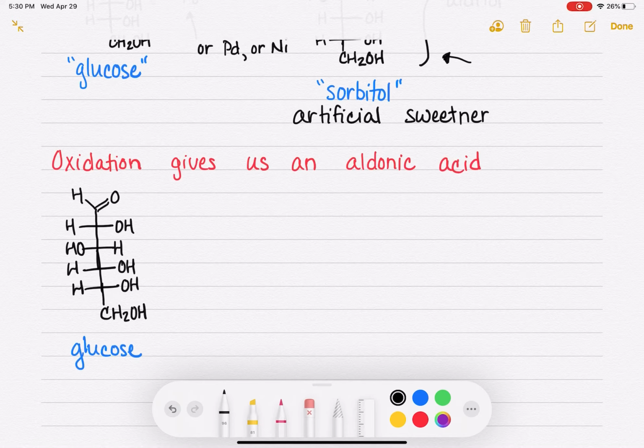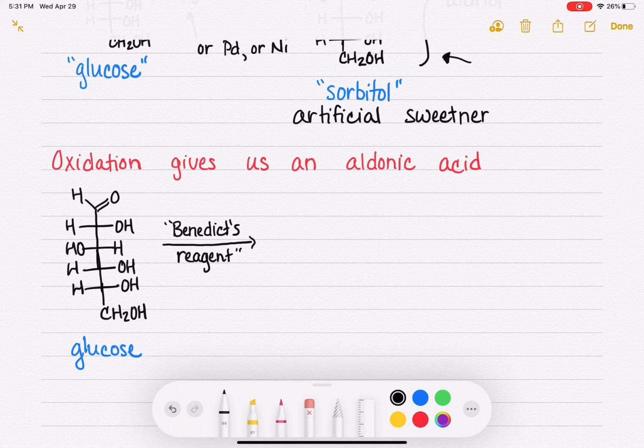There are 3 different ways that you're going to see the reagents for oxidation written in Sapling. One way is a name, Benedict's reagent. So that is the name of the solution that is commonly used to do this oxidation reaction.